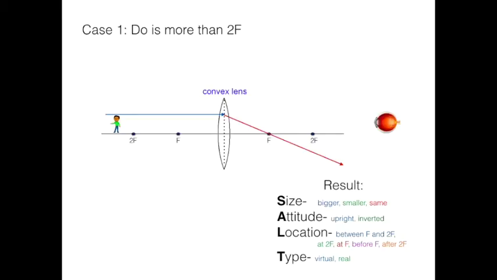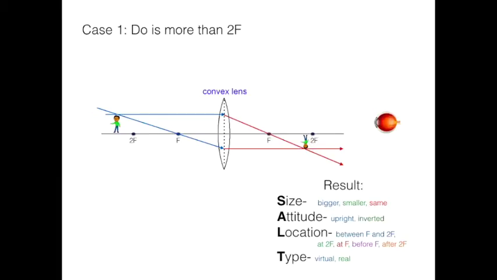Rule number 2, any line that passes through the focal point will refract to the other side, passing parallel to the principal axis. Okay, we can skip rule number 3 because we have the intersection of these two lines.